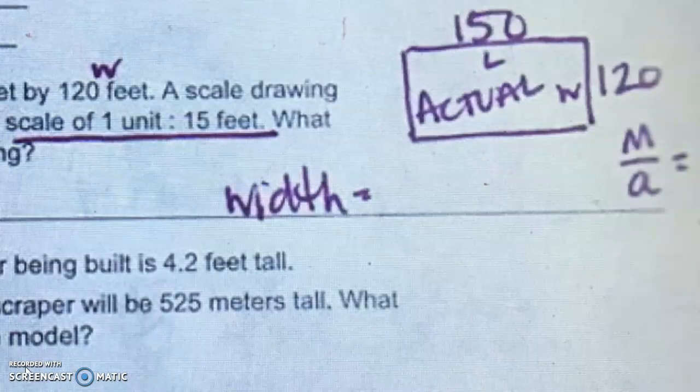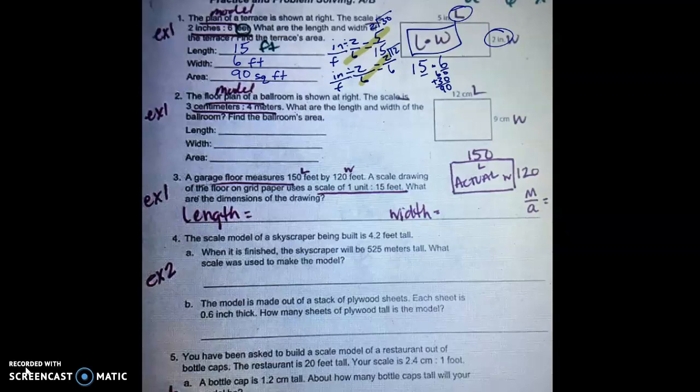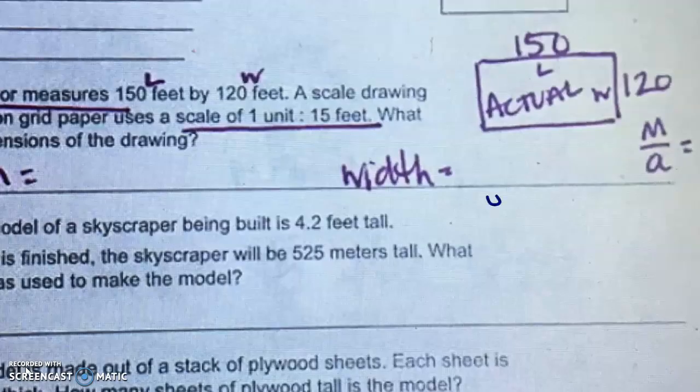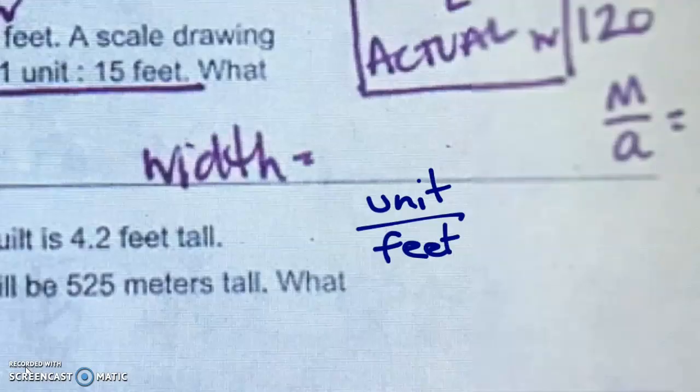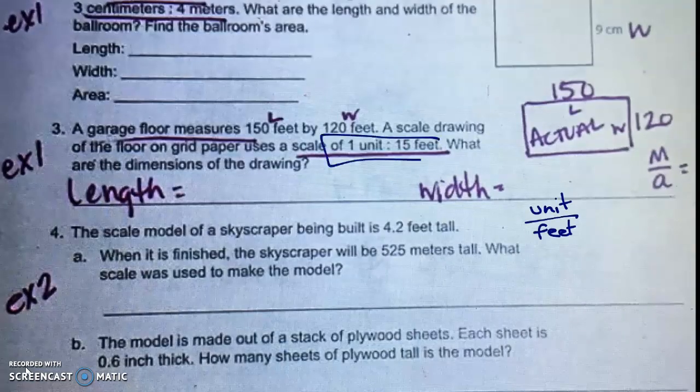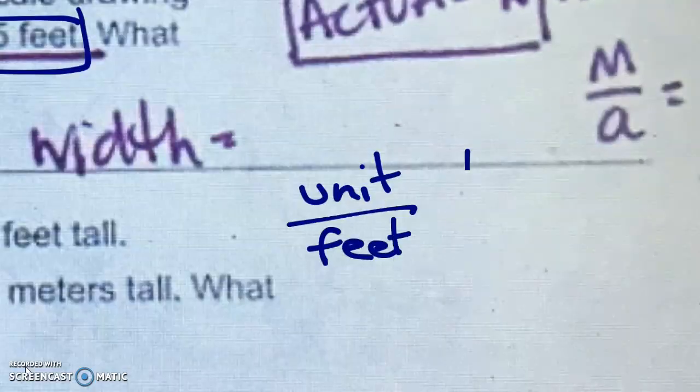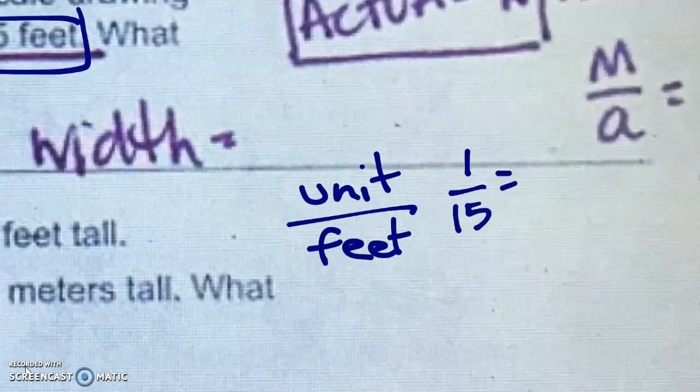So we can put that in our proportion. So we have unit and feet. So 1 unit is to 15 feet. I got that from right here. 1 unit is to 15 feet.